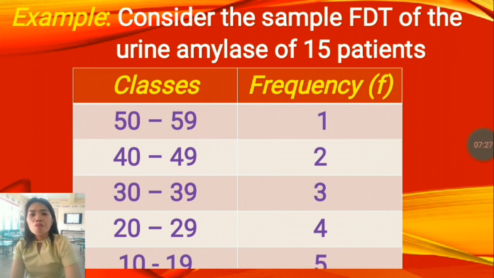Consider the sample frequency distribution table of the urine amylase of 15 patients. Now, we're talking about amylase here. By the way, amylase is actually an enzyme that helps digest carbohydrates. We're trying to integrate health or science in the field of mathematics.